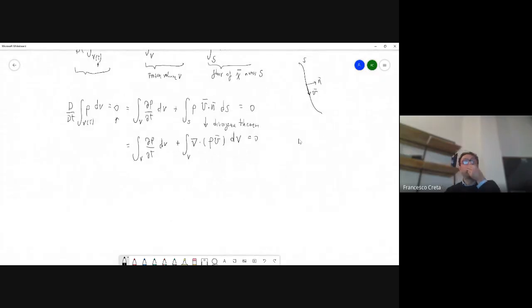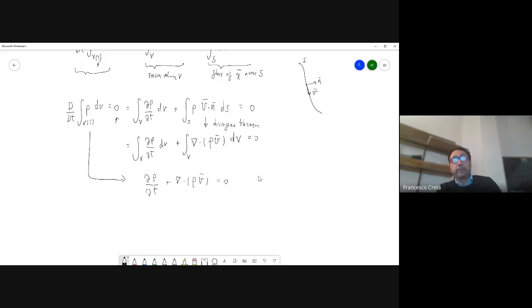And now look, we have an expression with two terms, both integrated over volume V, and therefore the integrand has to be 0. So all we have done now is take this and transform it into a very familiar equation, which is the conservation of mass, in this form here.